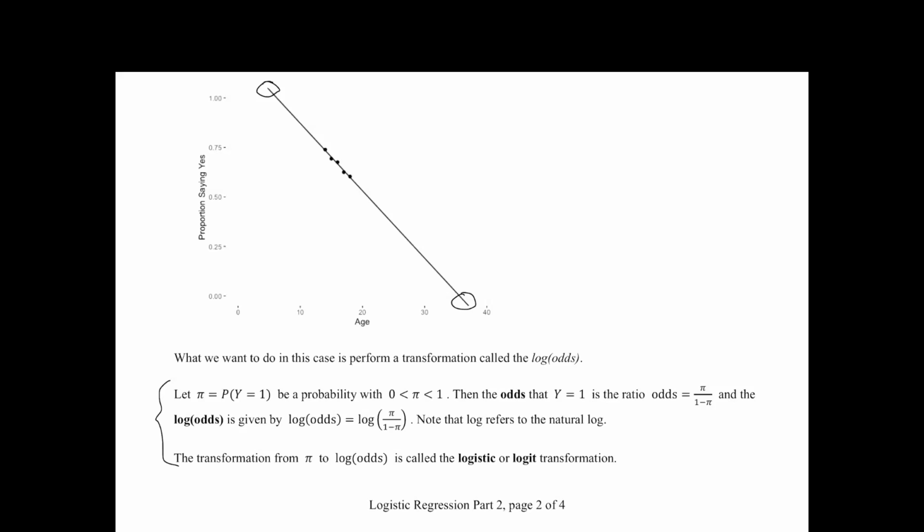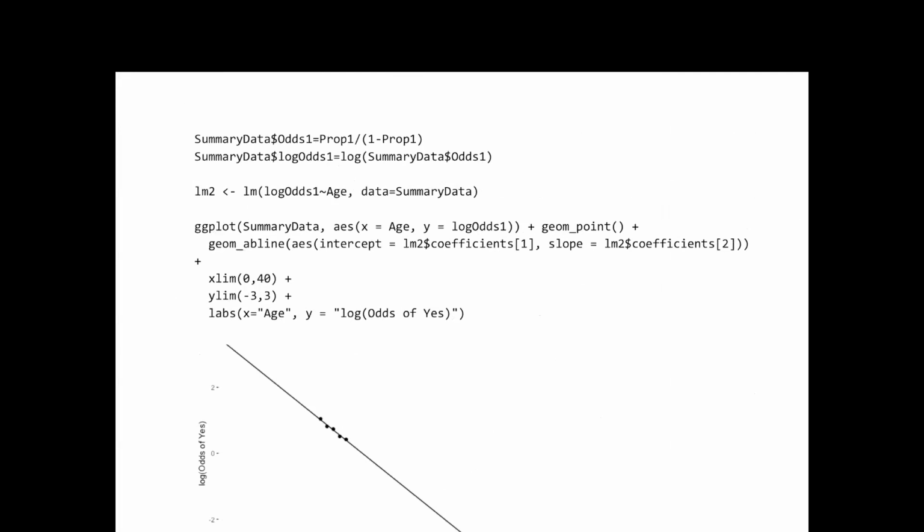Then we have the odds, that is that success probability divided by 1 minus the success probability, and then we take the natural log of that and we have the log odds. So we make this transformation from pi to the log odds. That's called the logit, or the logistic transformation.